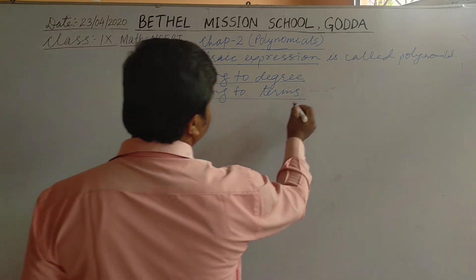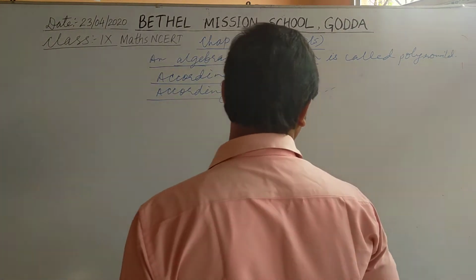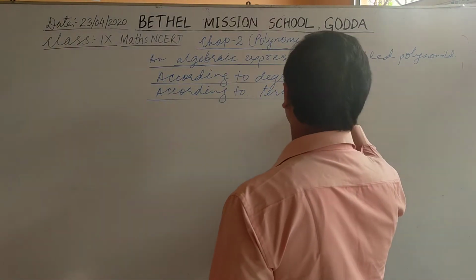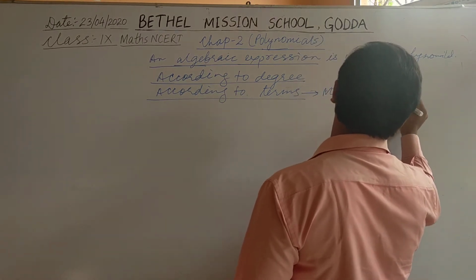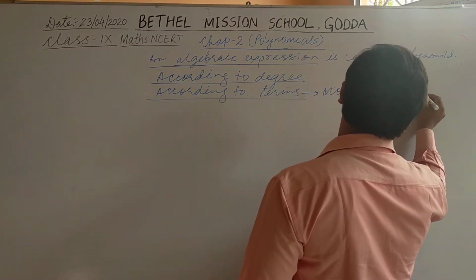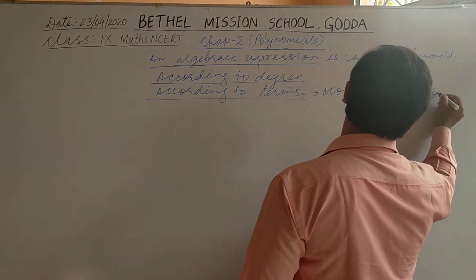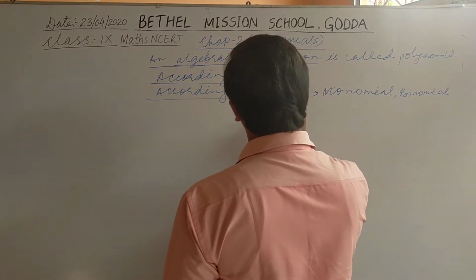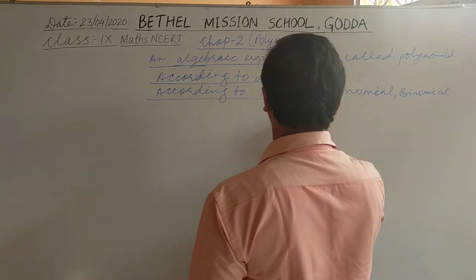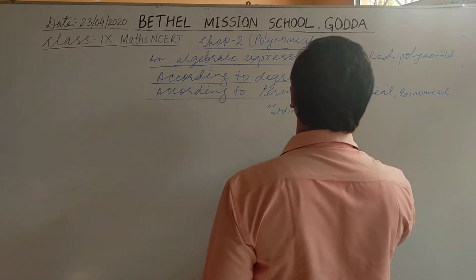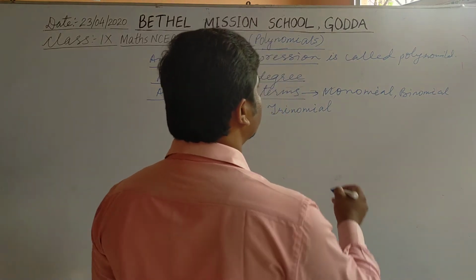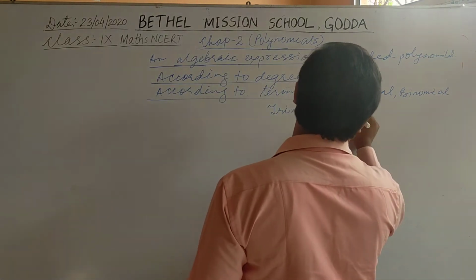So according to terms, there are monomial, binomial, trinomial, and more than 3 terms, polynomial.